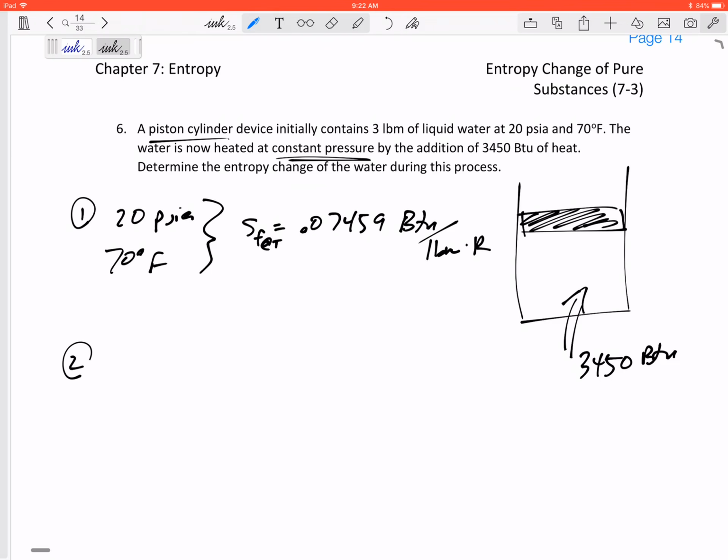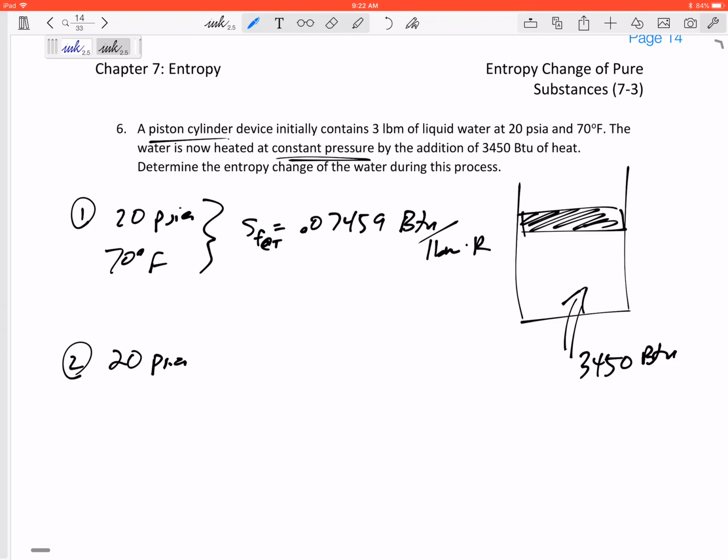Let me try to find the S final. This is going to be a little bit harder than we might think. I know it was constant pressure, so I know it's at 20 psia. But I don't know any other information. I really need two pieces of information to fix the state and find everything else.